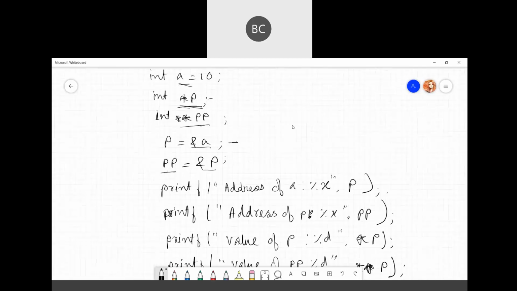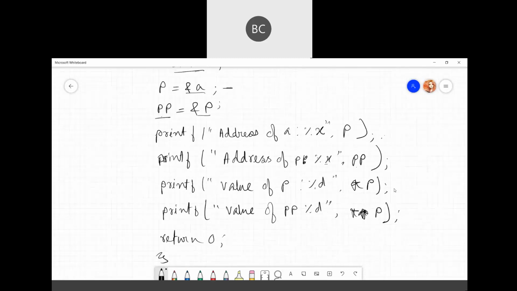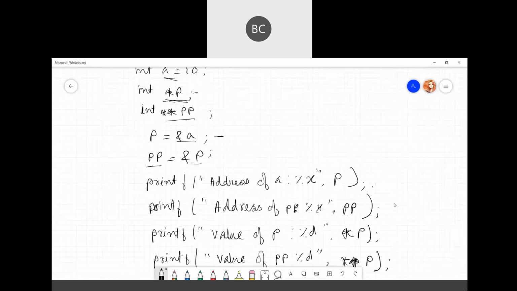If you want to print it, you can write like this: the address and value of p and pp using %x and %d. This will return the values and the addresses. The address will depend on your compiler.